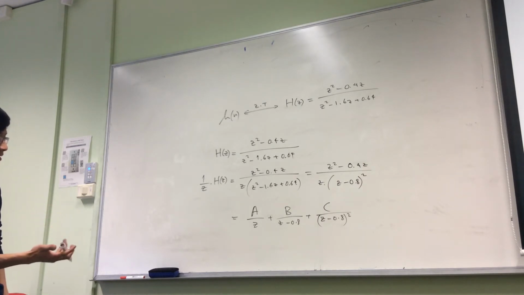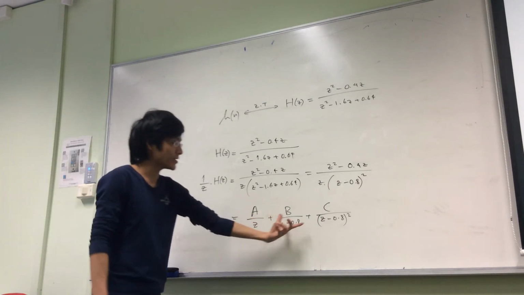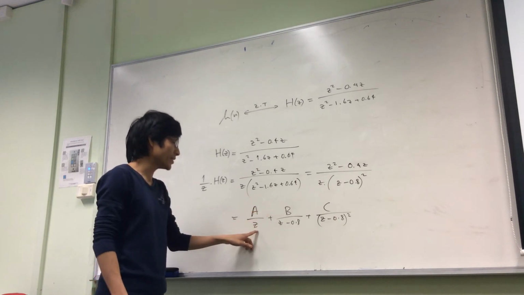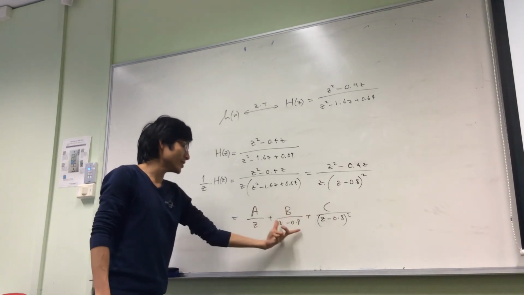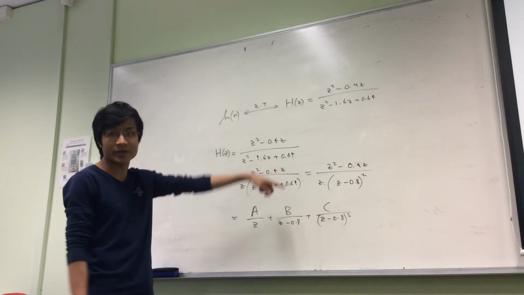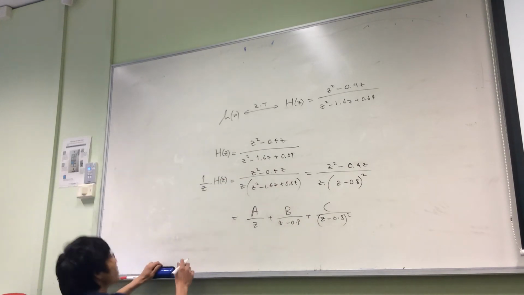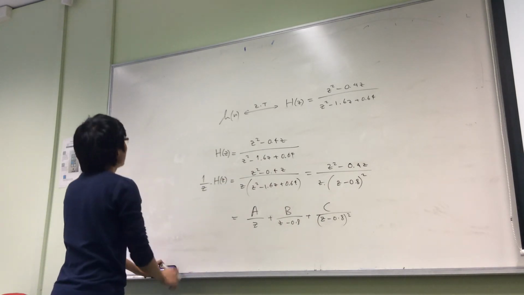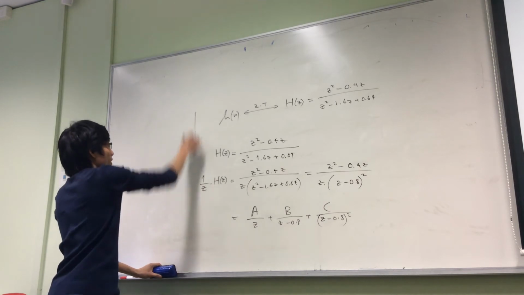What next? We take A times this squared, plus Bz times this, plus C times this, equal to the top one. So that's easy.